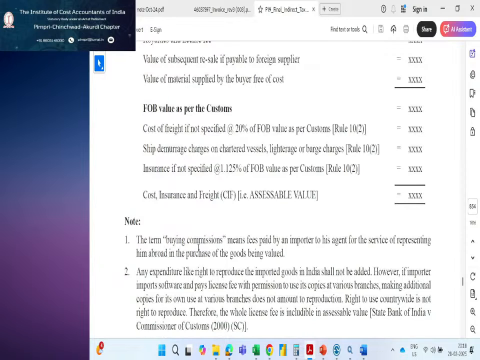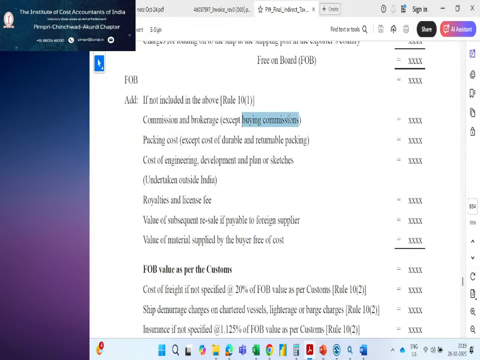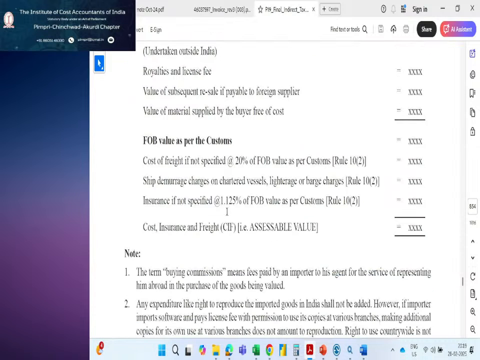So again below we have the items we are not considering. The buying commission we don't consider. Why don't we consider buying commission? Because it is a fee paid by the importer to his agent. So I got a communication from one of my import suppliers: the goods have already been shipped and have reached our port as well.